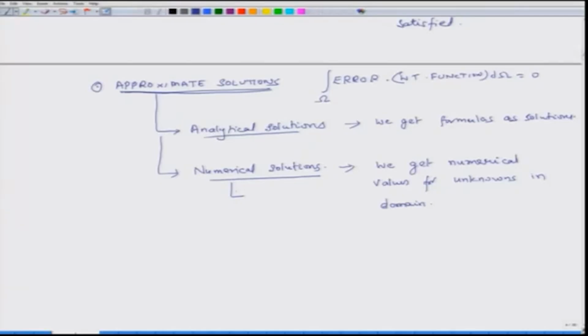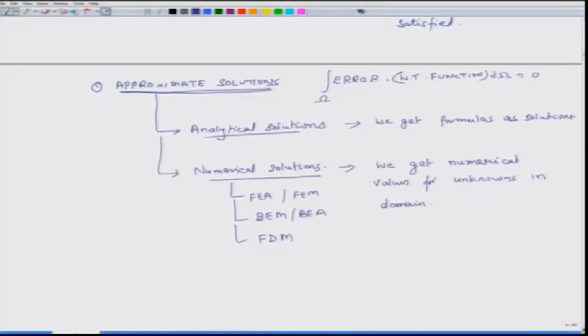Another approach which is numerical in nature is the boundary element method. The third one is the finite difference method. These are three methods. Okay.